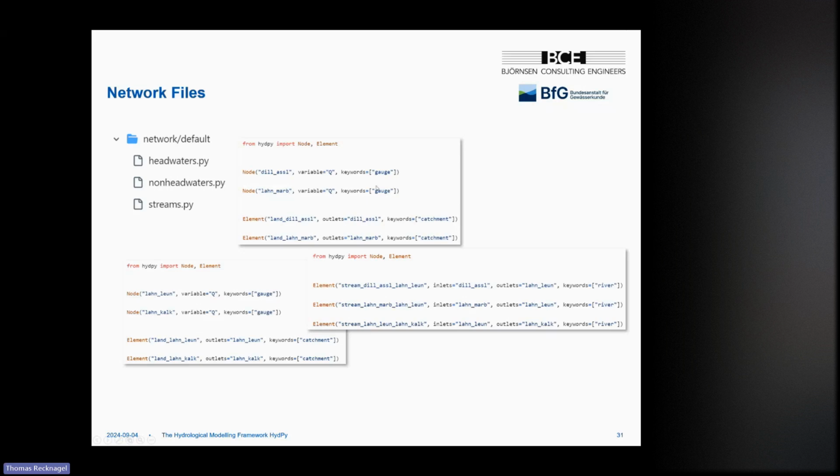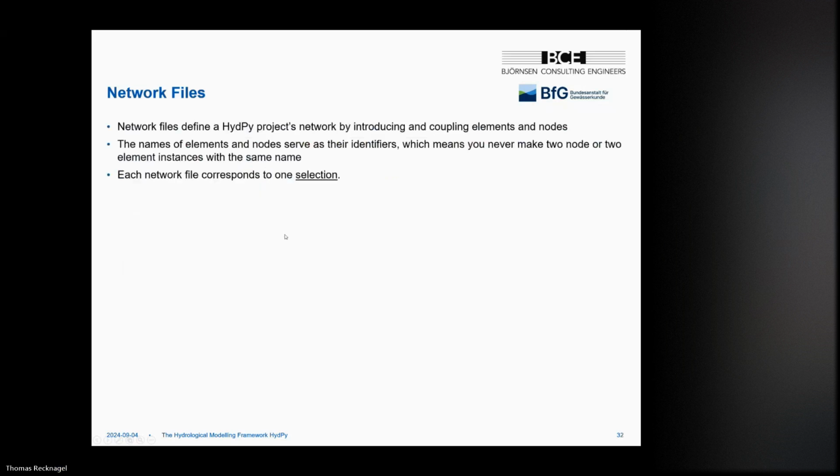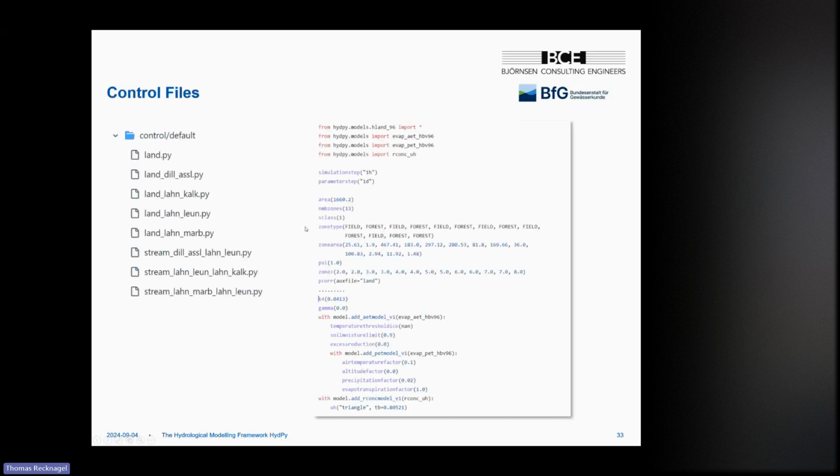For example, the nodes also have keywords that tell you that at this node there is a discharge gauge. Each network file corresponds to one selection. We will later learn what a selection is.